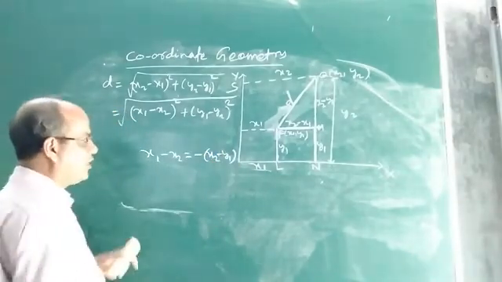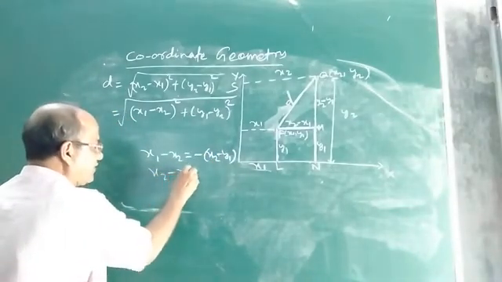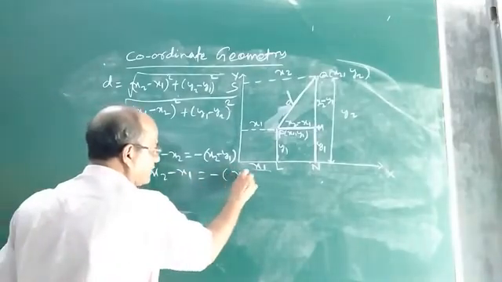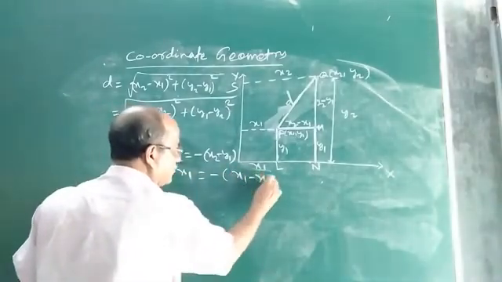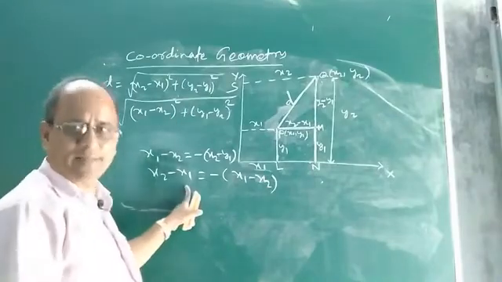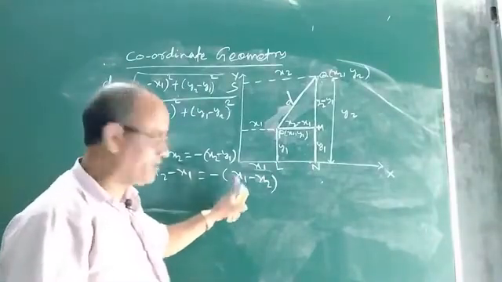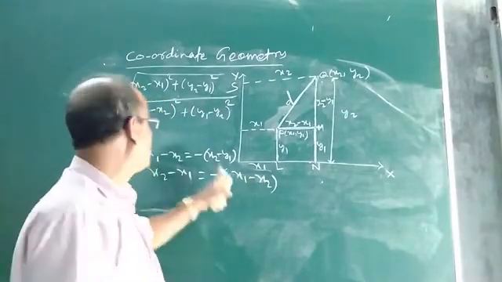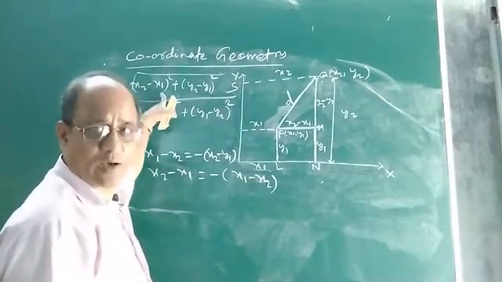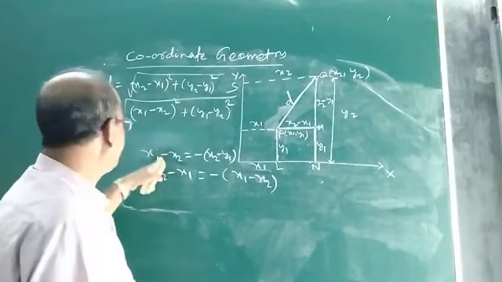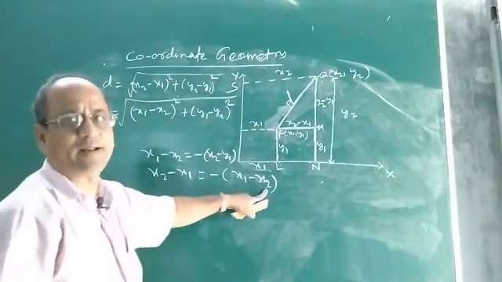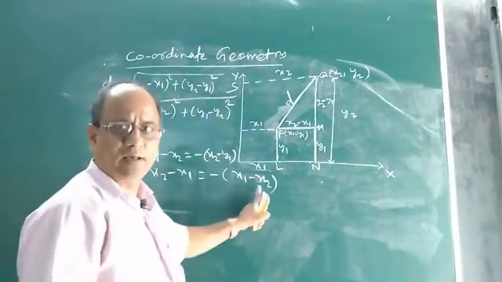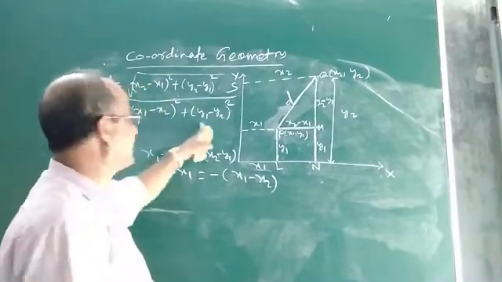Or we can say x2 minus x1 equals minus of x1 minus x2. So in place of x2 minus x1 whole square, if you put minus (x1 minus x2), then you will get this.